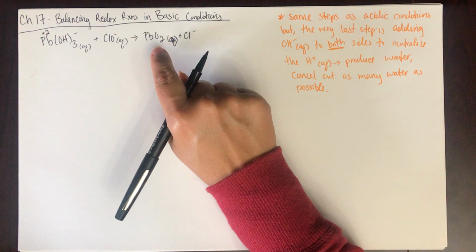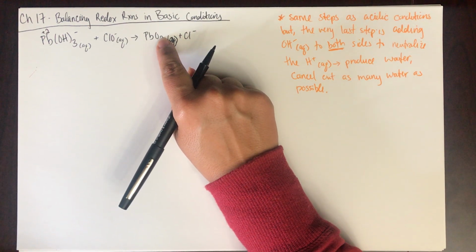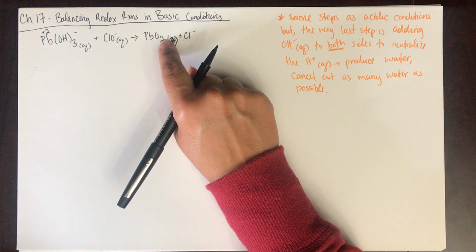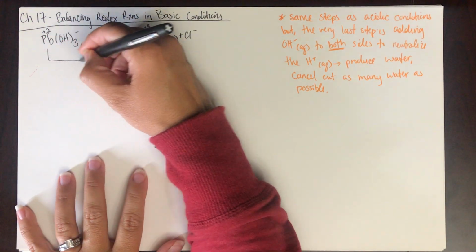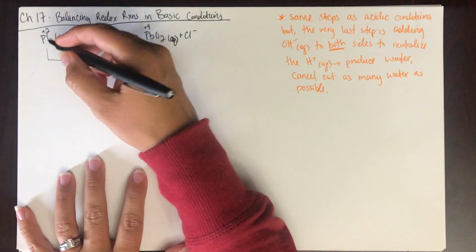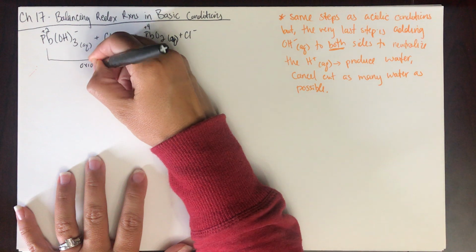This lead here, because I have oxygen, which has a charge of -2, and I have 2 of them, must be +4. So lead is going from +2 to +4. Lead is being oxidized.